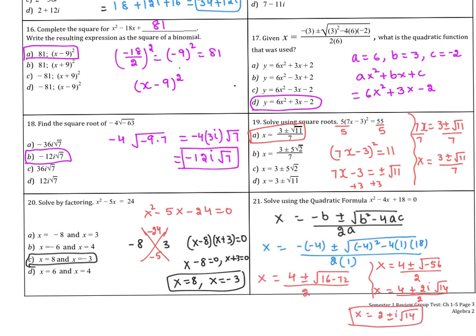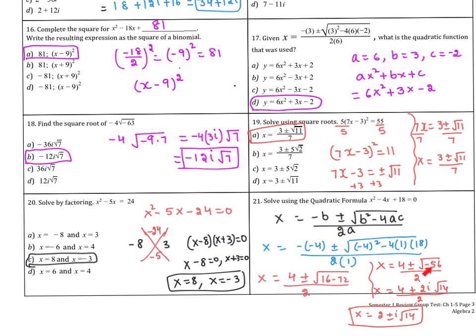For 21, your A is 1, B is negative 4, and C is 18. And you're going to use the formula negative B plus or minus square root of B squared minus 4AC. Plug it in, B as negative 4 and A as 1, C as 18. You get 4 plus or minus square root of 16 minus 72 over 2.